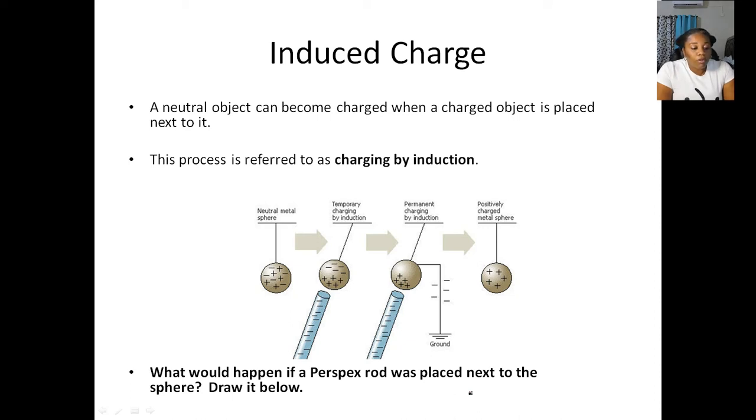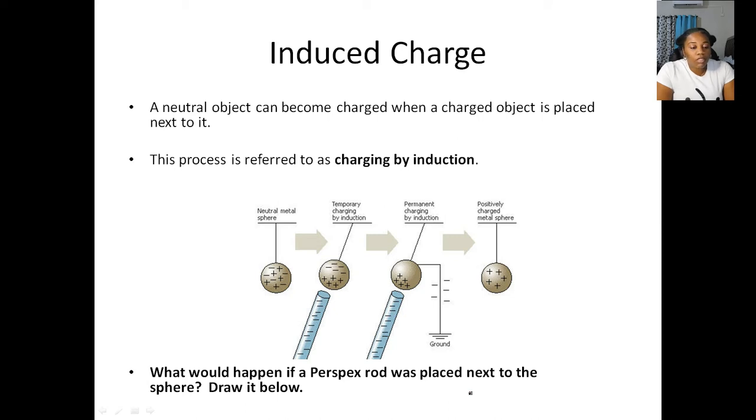What would happen if a perspex rod was placed next to the sphere? Well, the perspex rod would be positively charged, so we would have all the negative charges being attracted to it, and then the positive charges would just repel, right?